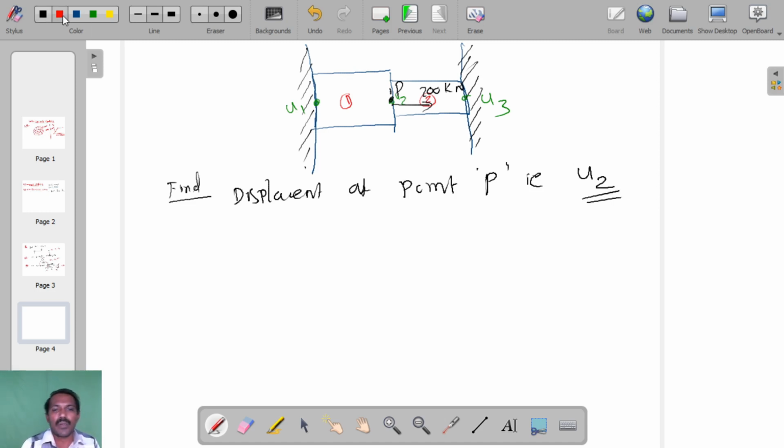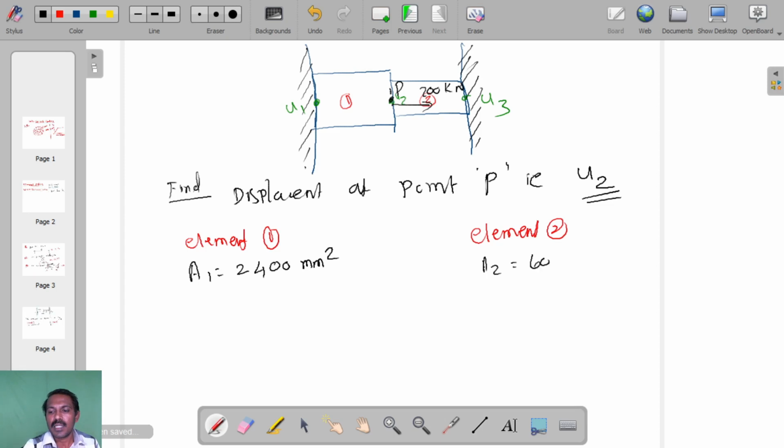Now there are different values for element 1 and element 2, and the data is given. The area A1 is 2400 mm square, and element 2 area A2 is 600 mm square.